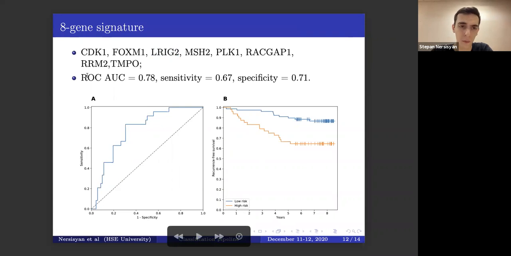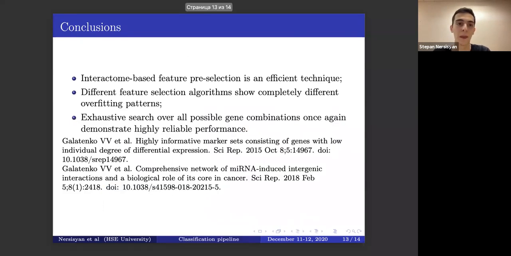And quality characteristics are very high. For example, area under the ROC curve was equal to 0.78, and sensitivity with specificity were higher than 0.67. So here's a ROC curve, and here you can see a Kaplan-Meier curve with statistically significant p-value.